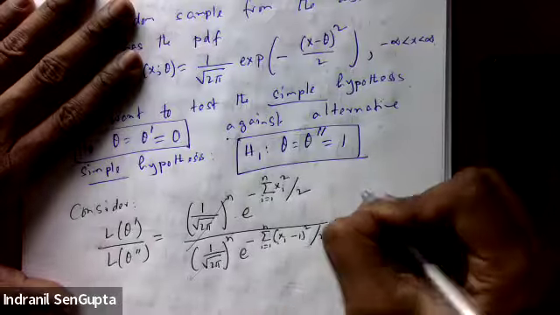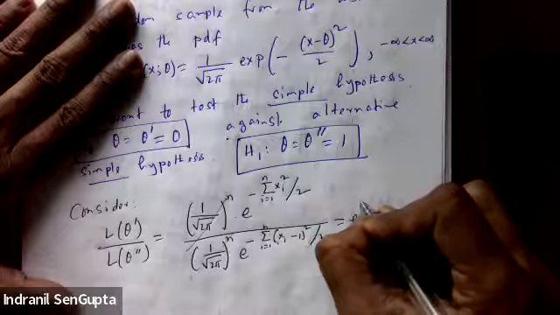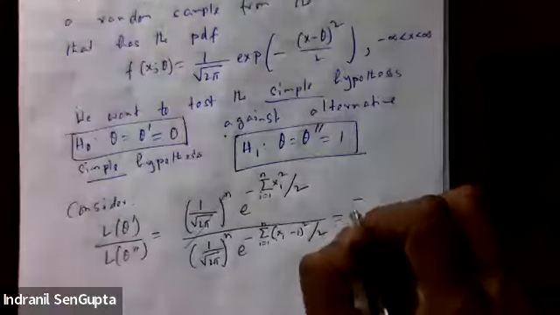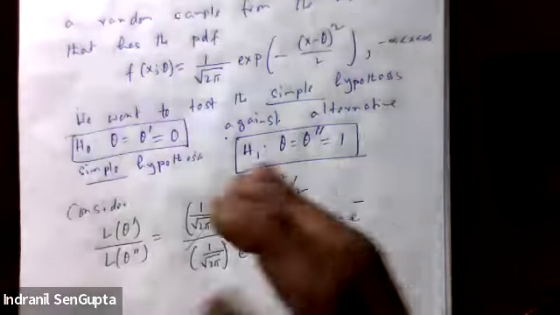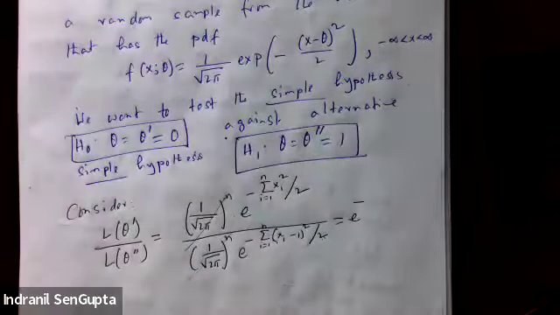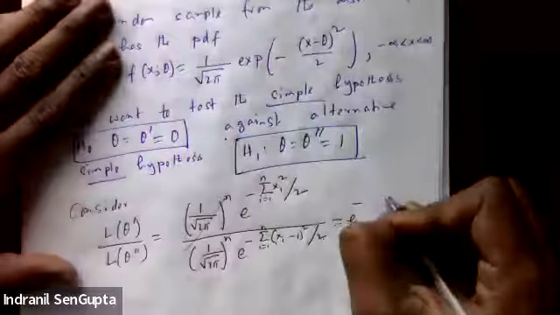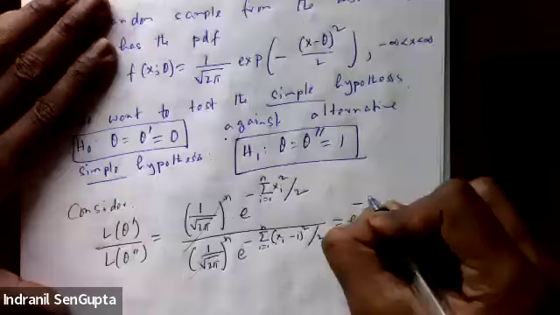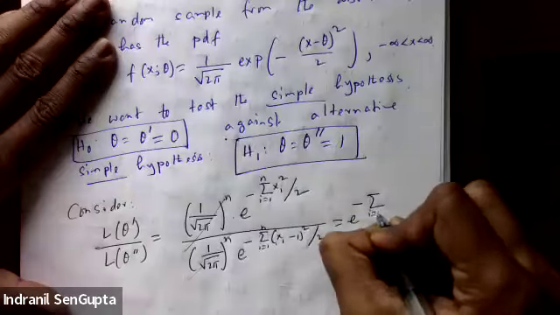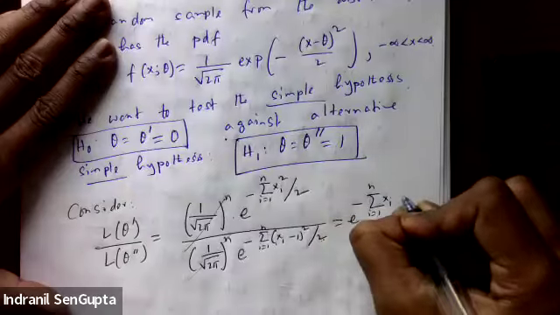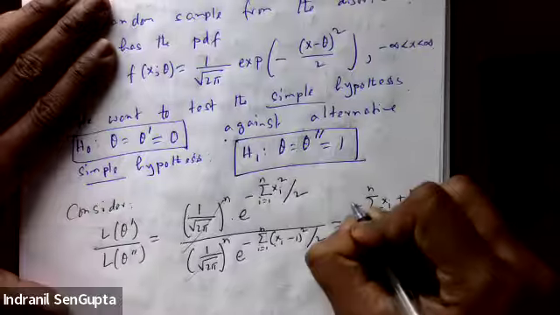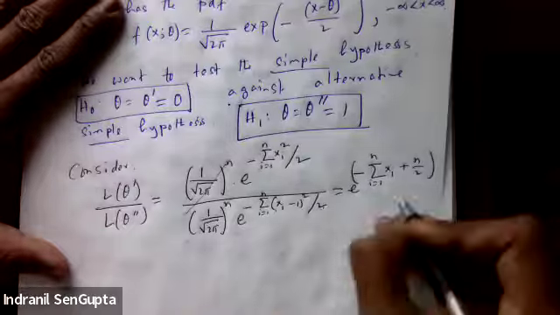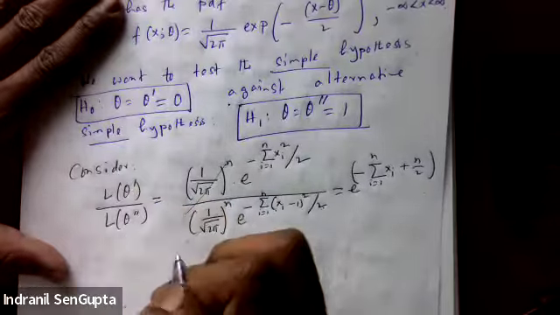So what we have is e to the minus summation i from 1 to n xi plus n over 2. Okay, so that is the quotient.